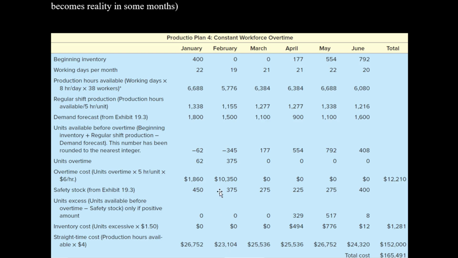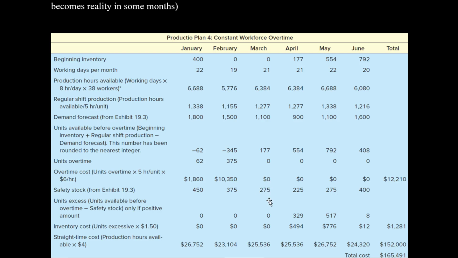In a similar way we will calculate here, and here basically no overtime is required because we are already producing extra based on the 38 people, and we will actually have 177 as our excess units. So there are no units required to be produced on overtime, and there will be no overtime cost. 275 will be your safety stock, but we have only 177.